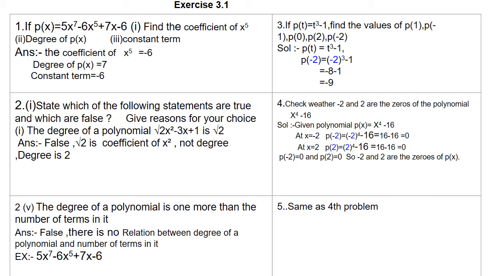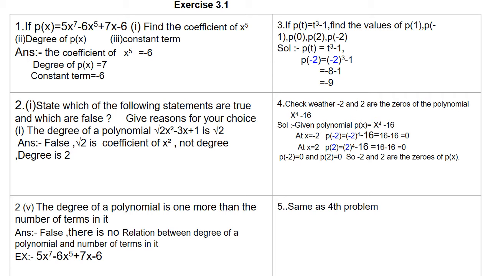In exercise 3.1, we are giving some solutions here. The first problem: if p of x is equal to 5x to the power of 7 minus 6x to the power of 5 plus 7x minus 6, then find the coefficient of x to the power of 5, the degree of p(x), and the constant term.